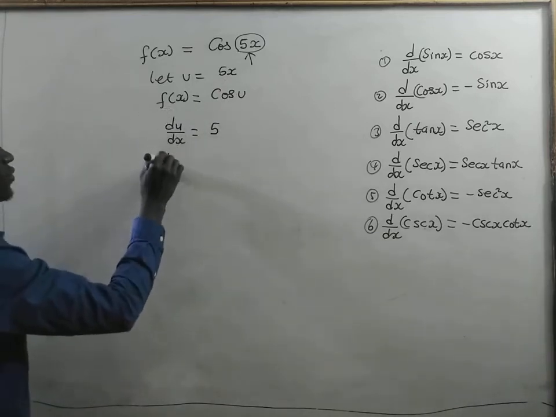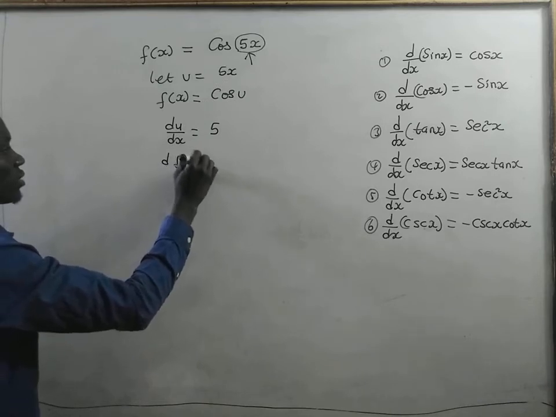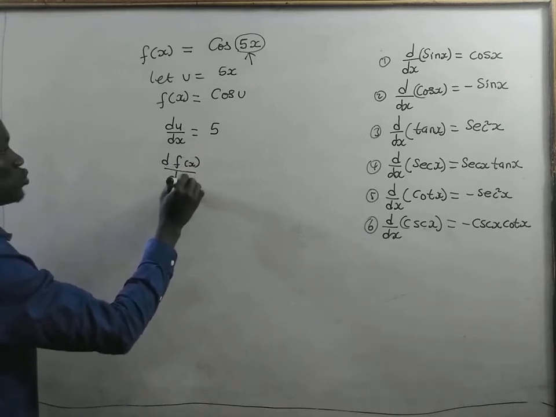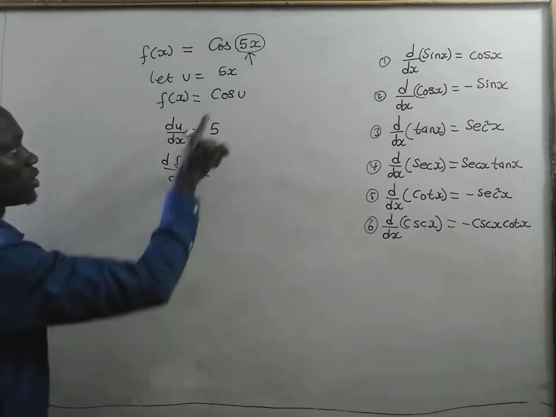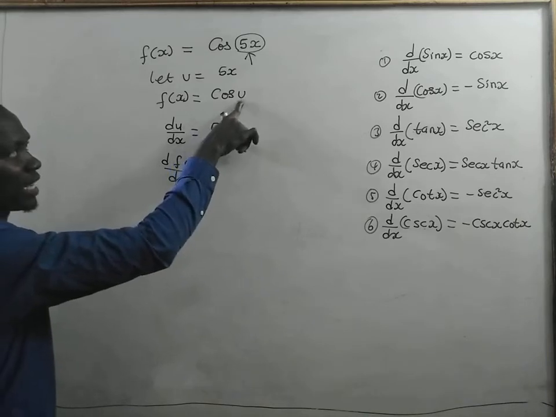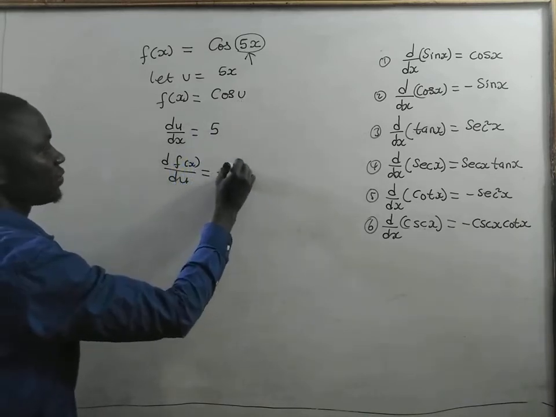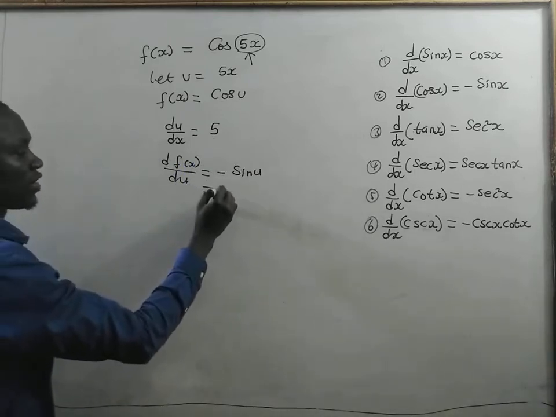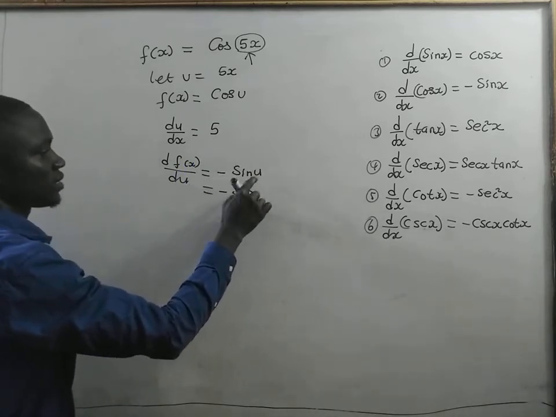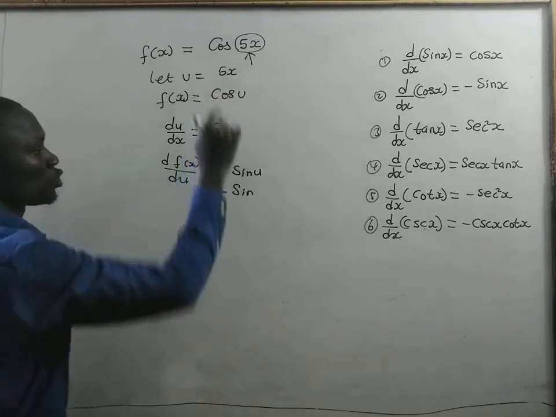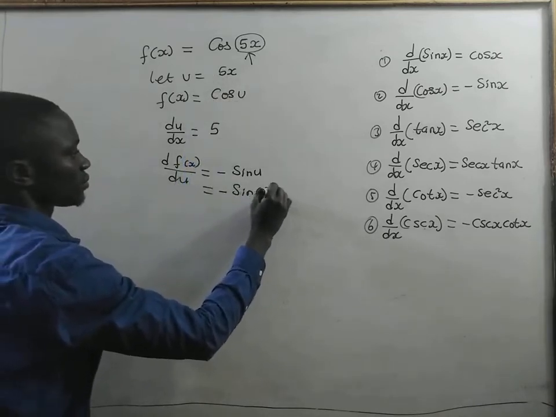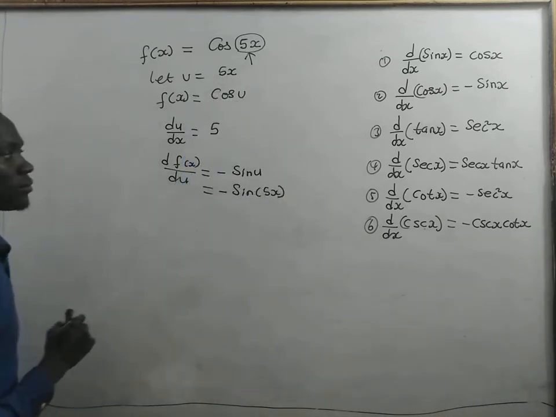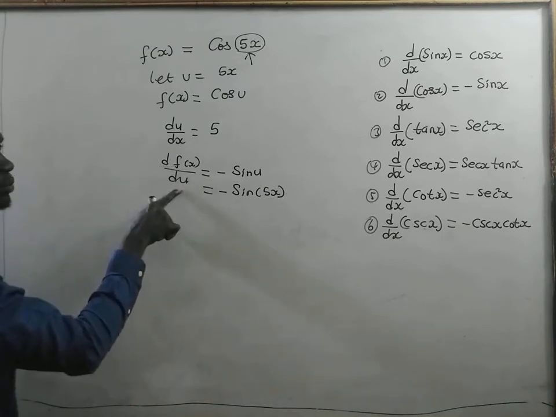Now, the derivative of f of x with respect to u is equal to, if you differentiate cosine of this angle, you get negative sine of the angle. You have minus sine, and the angle u is equal to 5x, as the derivative of f of x with respect to u.